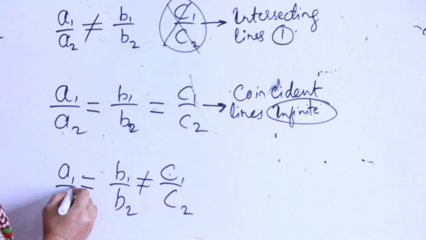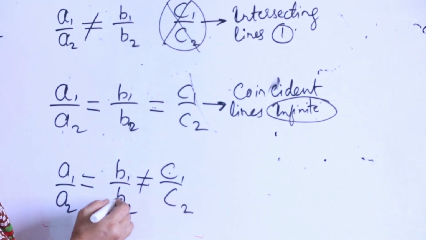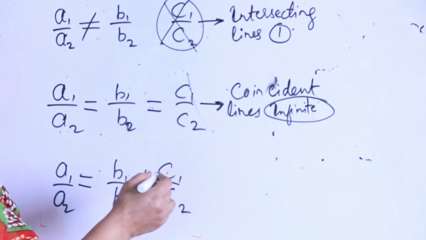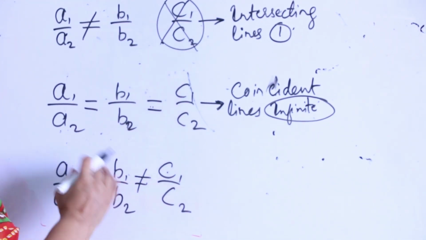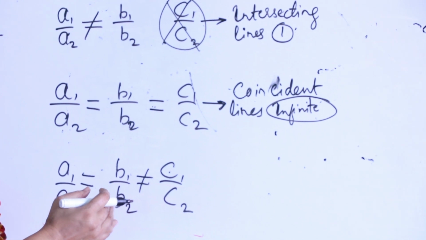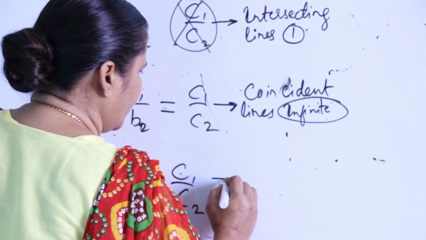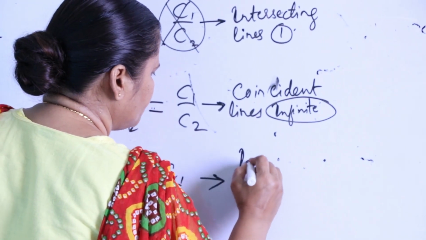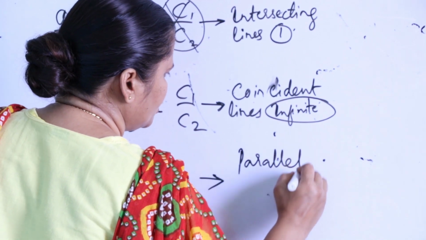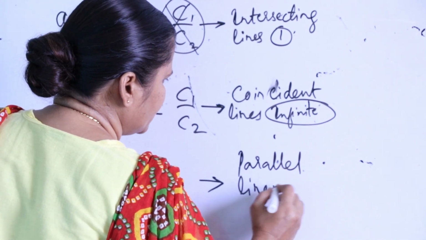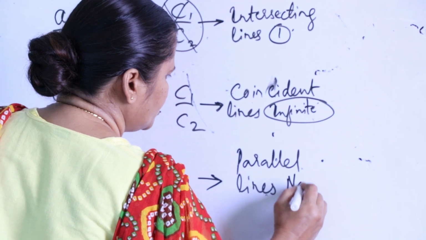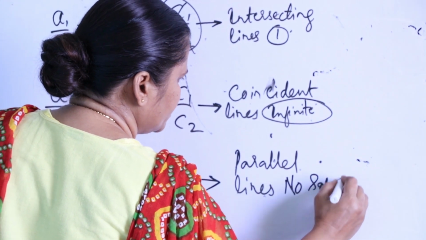And what about this? A1 by A2 is equal to B1 by B2 is not equal to C1 by C2. When you compare these ratios in the given equations, you can make out that such a system is parallel lines. And how many solutions?